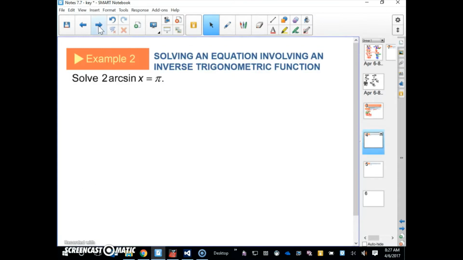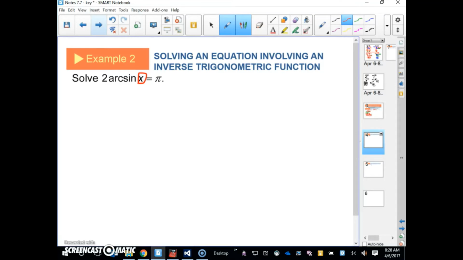So let's look at number 2, says solve. So again, we're isolating a variable. This one is a little bit different because it doesn't have a y in it, but we're still solving, so we're trying to isolate the variable. So there's your variable x. We're trying to isolate that x, and we need to peel the onion. So can you see what the first move is going to be? Divide by 2.